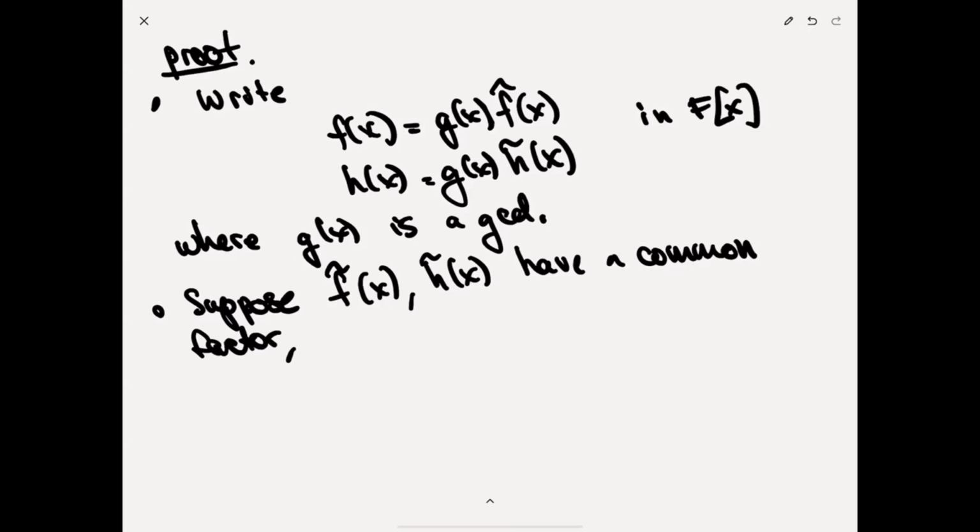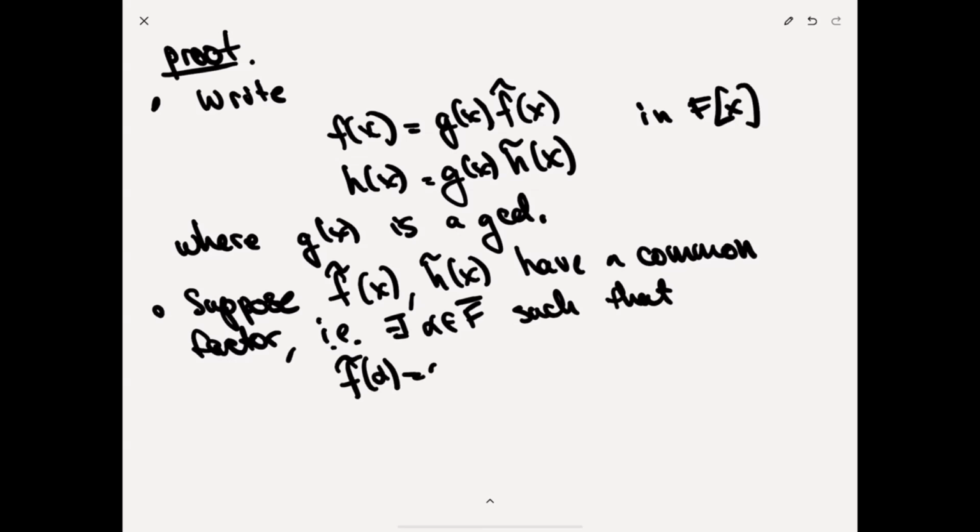All right, so suppose they're not co-prime, i.e., this means that there exists some alpha in F bar such that f tilde of alpha is equal to 0 and h tilde of alpha is equal to 0. That's equivalent to having a common factor because over an algebraically closed field, those polynomials factor into these monic pieces.